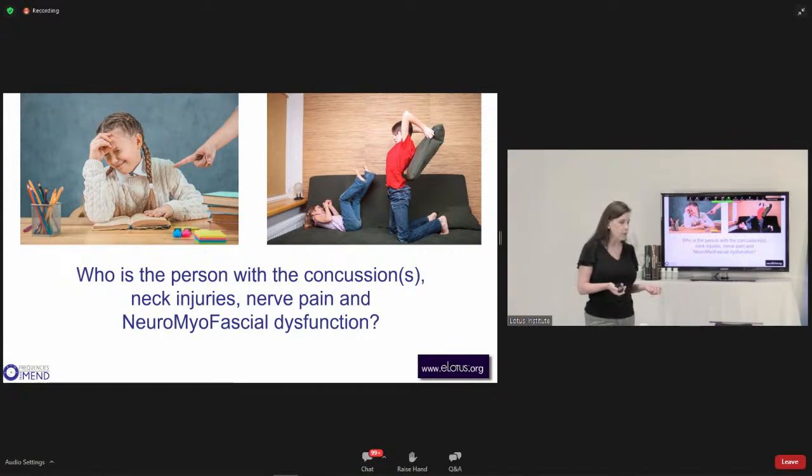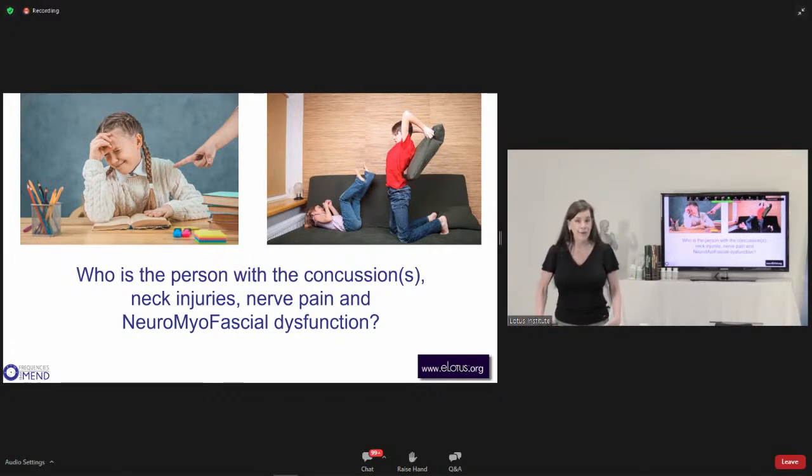So with that, I'm going to remind you that we were talking about these things that happen to the central nervous system and concussion, people getting neck injuries, people having spinal cord pain, nerve pain, joint pain, bilateral hip pain, and degeneration. And then there's this piece to it: who is that person that has it? Because that's really at the core and probably the most important missing piece of how we take care of patients collectively, and certainly in allopathic medicine.